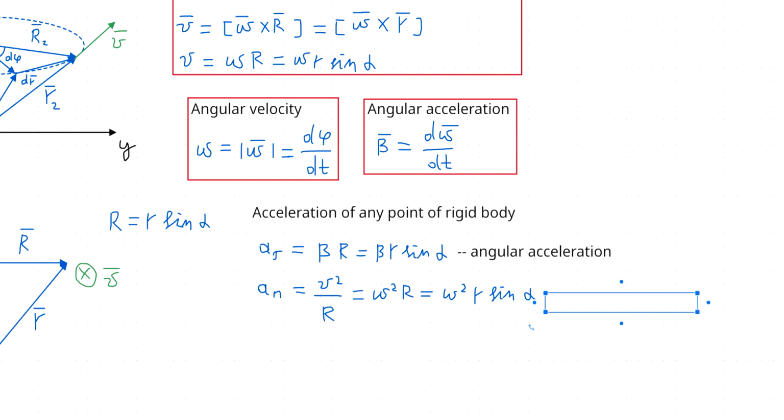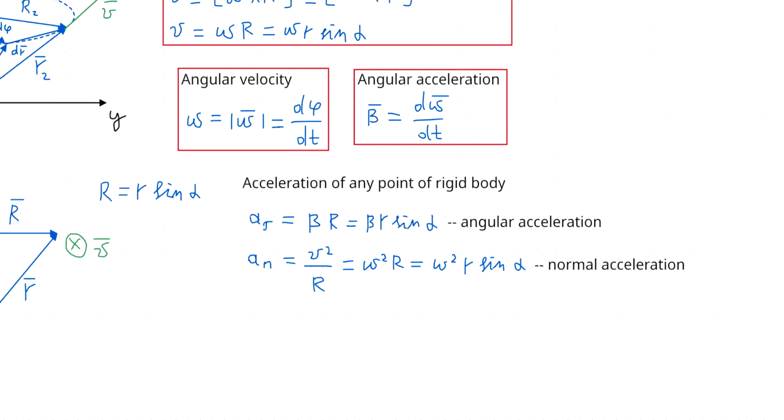Normal acceleration and the full acceleration, or just acceleration. We know that its absolute value is equal to, according to Pythagoras theorem, the square root of the sum of squares of tangent and normal accelerations.